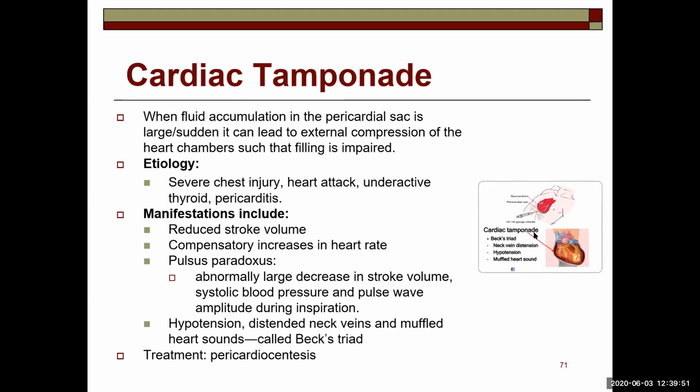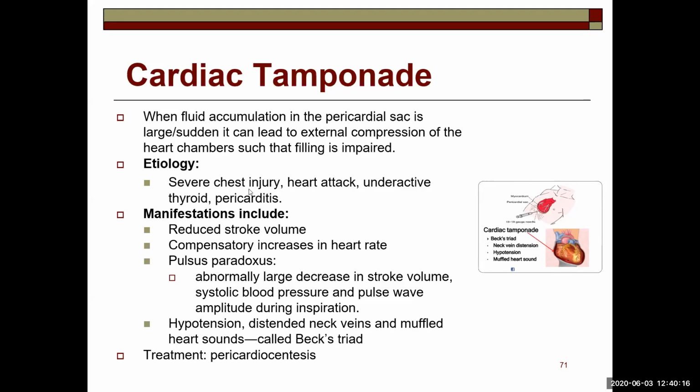Now, it's not always caused by a heart issue. It could be caused by some external trauma to the chest. So when you injure your chest in a car accident or something, you can have blood actually getting into the pericardium here, and then eventually you're causing what we call cardiac tamponade.